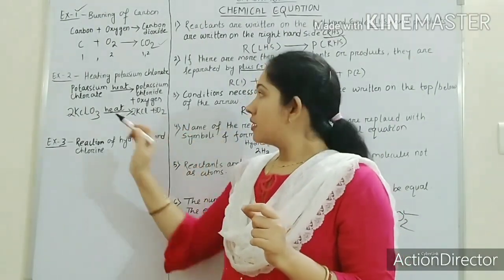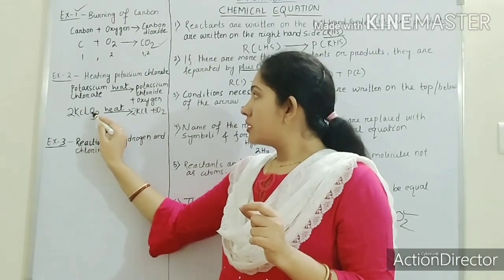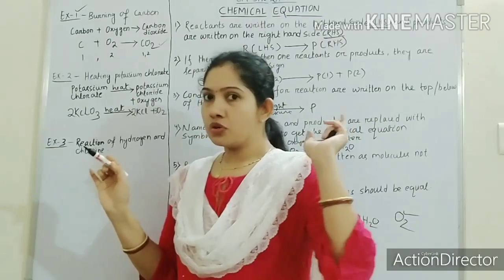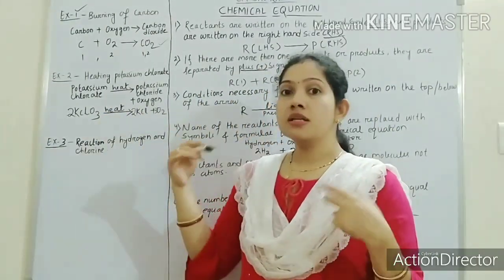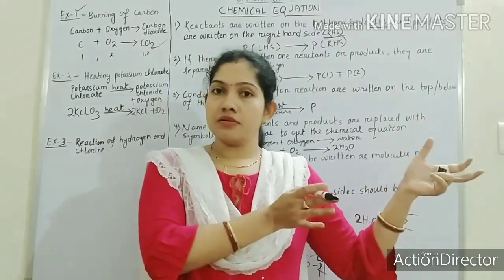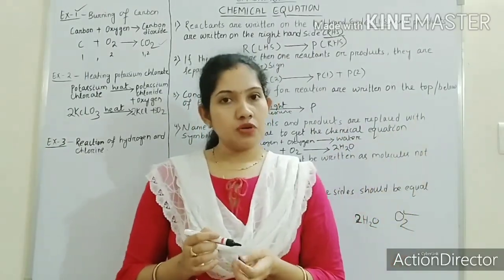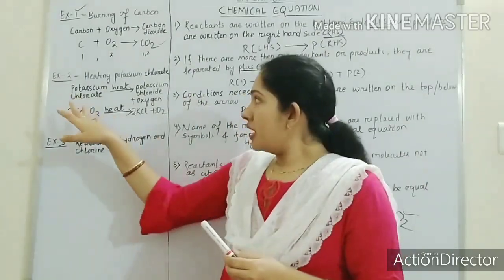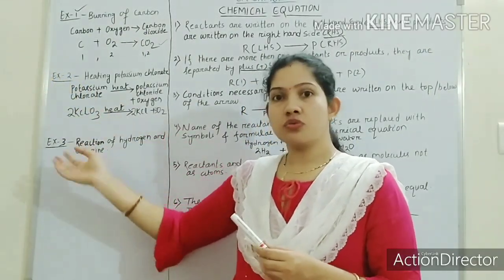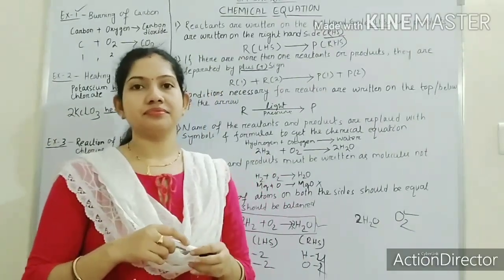What it represents when we write a subscript or when we write a number before the formula, we have already discussed, so I am not going to repeat that. So this is how you have to balance the equation. Let us move on to the next example.